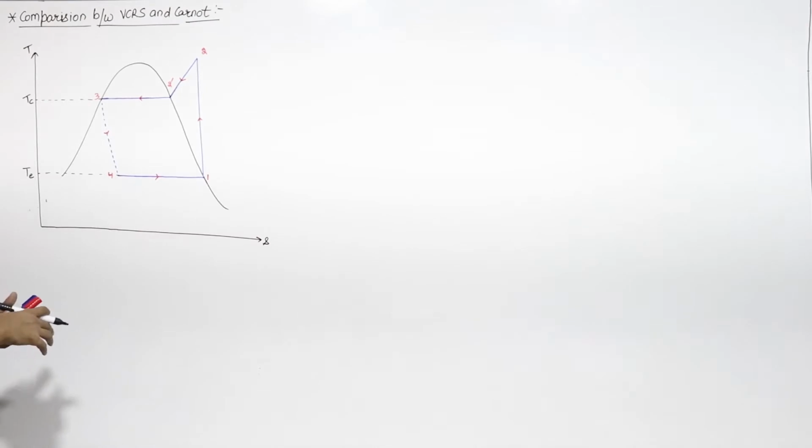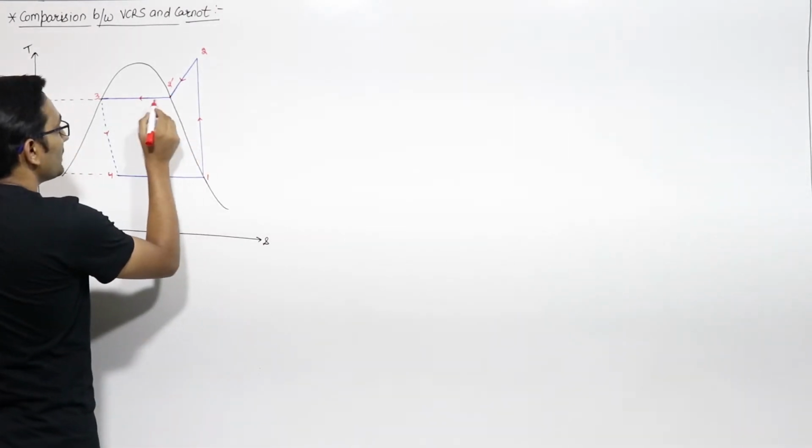Now if I draw the reversed Carnot cycle working between the same temperature limits TC and TE, the reversed Carnot cycle will be like this. It is a rectangle, we know.